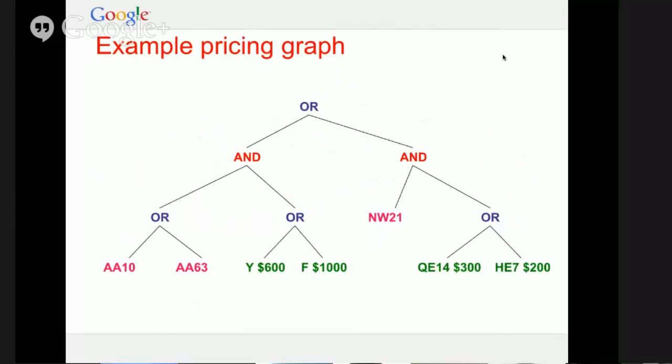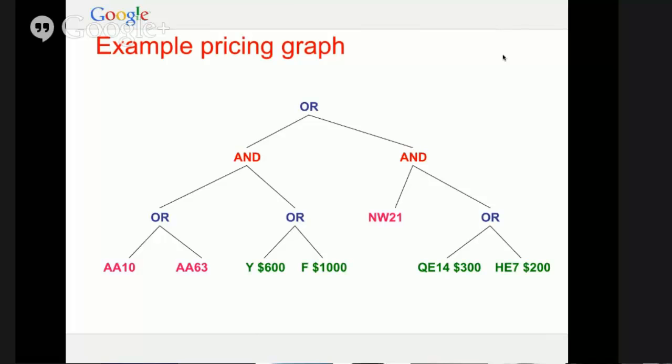Consider this pricing graph, which is a lot easier to read. What it shows are flights. It says you've got two choices for your journey. You could either take the left AND or the right AND. Let's look at the right AND clause.